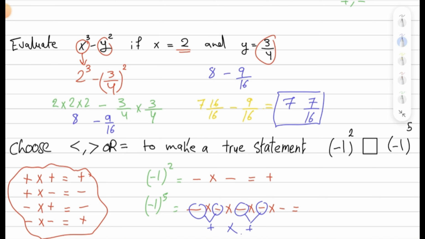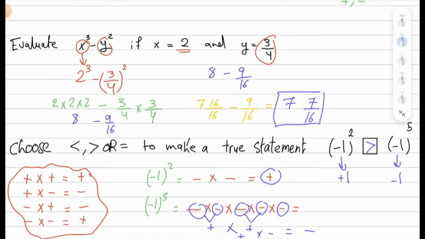Positive times positive is positive, and here we have a negative. So positive times negative, we're going to have a negative number. The answer for the first one will give us +1, and the second will give us -1. And if you compare between them, then the positive is bigger than a negative number.